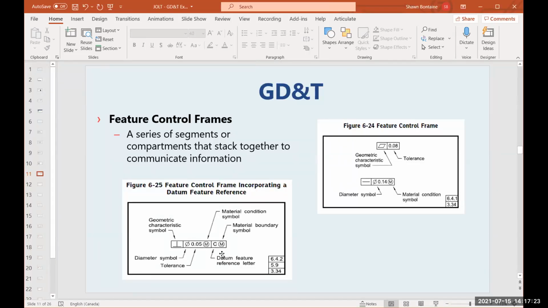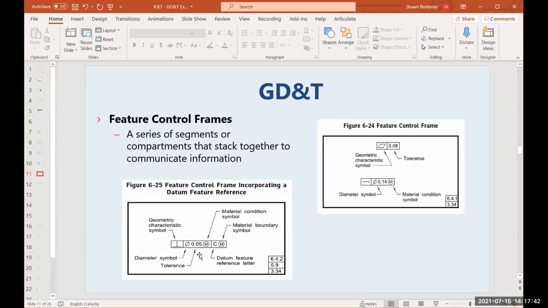The datum reference is just saying what this 90 degrees is related to, and the tolerance tells us how much we can vary from that and still have an acceptable part.